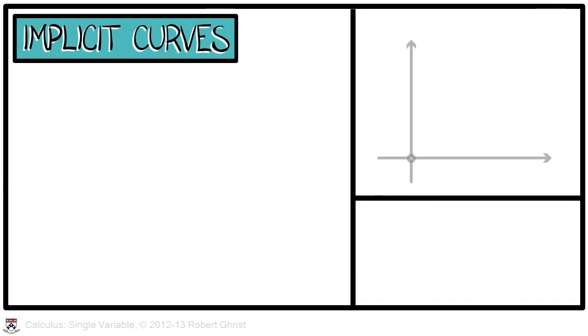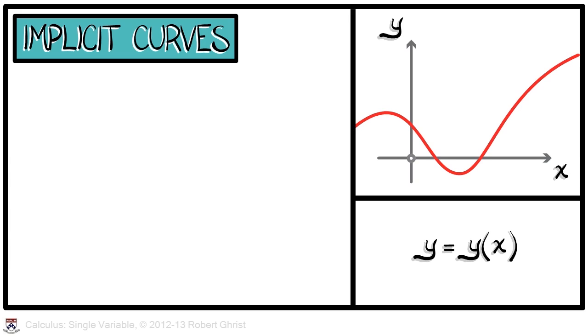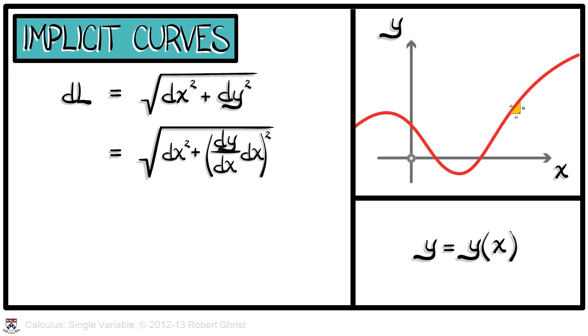Well, in the one case where we have an implicit curve, that is, for example, some curve where y is defined as a function of x, and we're looking at the graph. Then, when we write out this formula, what do we have? Well, from the chain rule, we can express dy as dy/dx times dx.